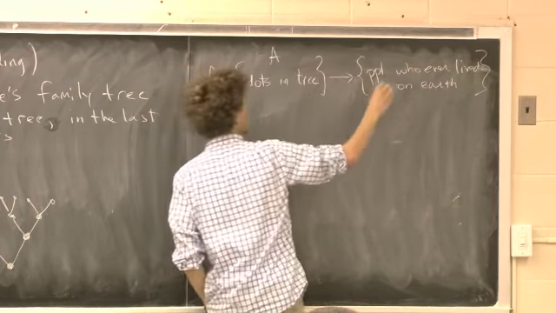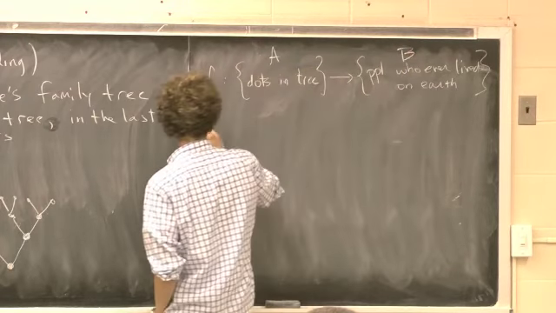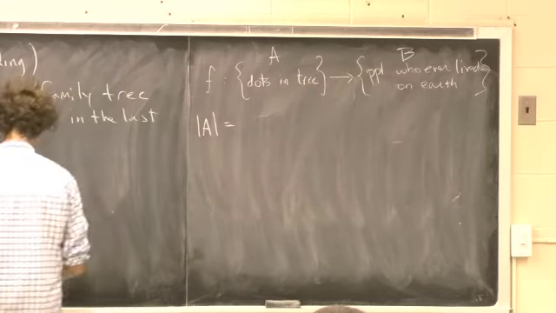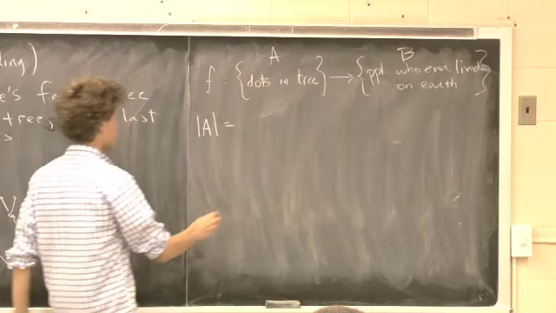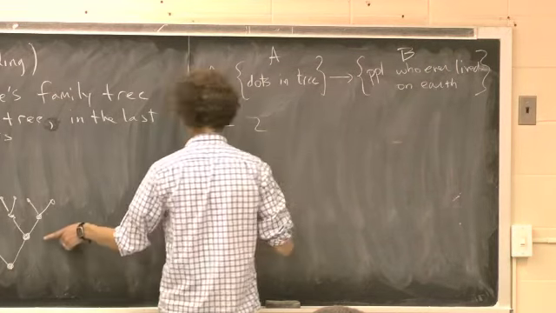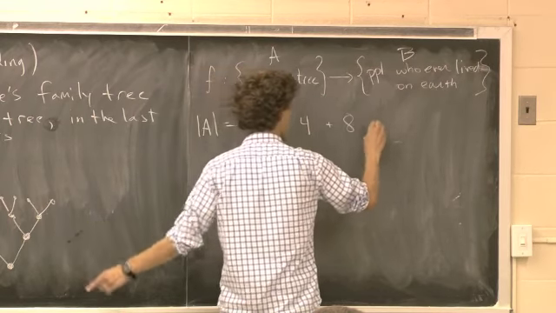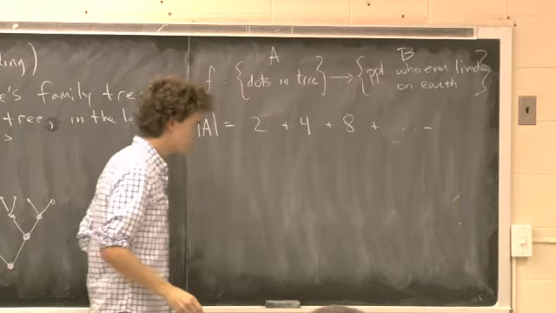Okay, so what's the cardinality? I'll call this set A and this set B. So what is the cardinality of A? Well, let's see. We won't count Eddie, so it's 2, that's the parents, and then 4 for grandparents, and then 8. And we keep going.